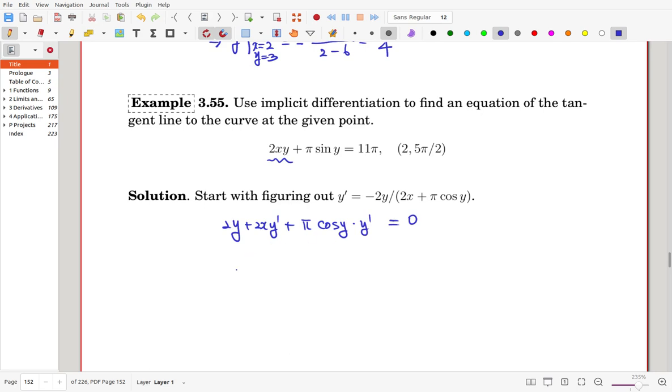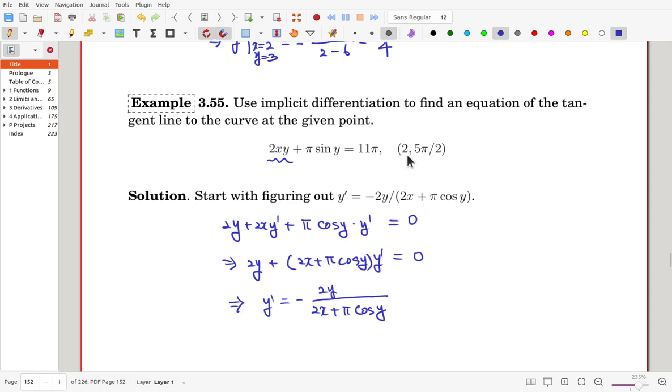So we have here 2y plus y prime times (2x plus pi cosine y) equals 0, so that y prime equals minus 2y over (2x plus pi cosine y). Right?